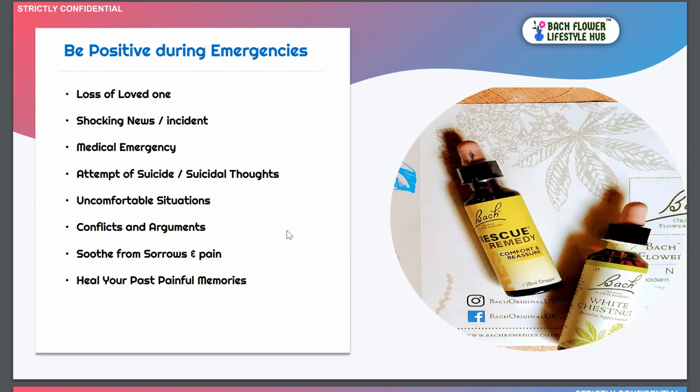I have seen a couple of people carrying this grief, sorrow, and pain throughout their life, and this situation is actually making them really weak. So if we could give them a gift of remedies, they can live their life in a more positive and happy way.